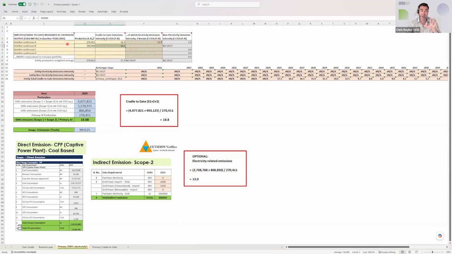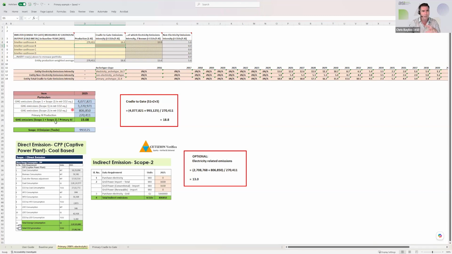So this is a great way in this tool of having multiple sites within one entity and then describing one target for all of them. But for simplicity's sake, let's just take the one example that Gangaa showed earlier on. It's a smelter with a 270,000 tons per year production.